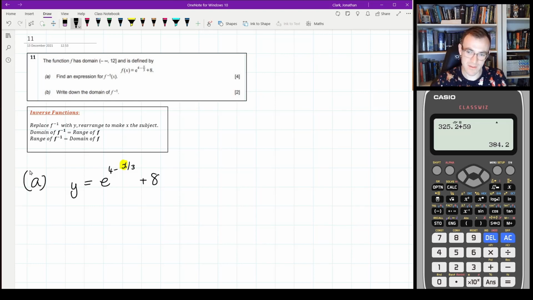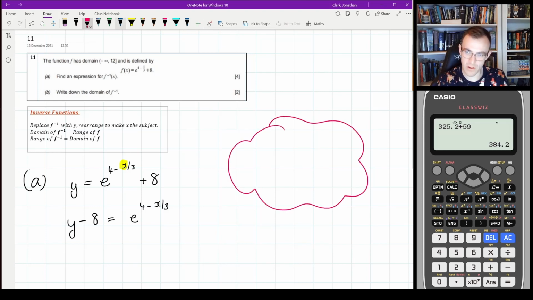Because there's a statement involving e, I will eventually need to take a logarithm, but I want to make sure that the e is on its own in the equation. So let's take the 8 over first. There we go. And now I can go ahead and use logarithms. Here's the rule for logarithms if you're not sure.